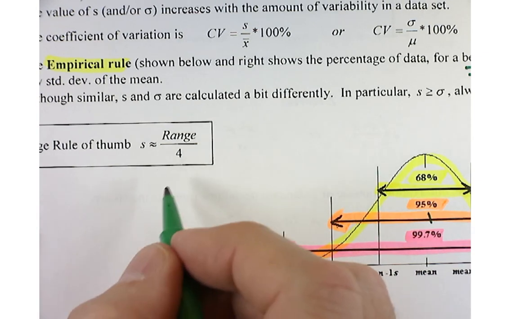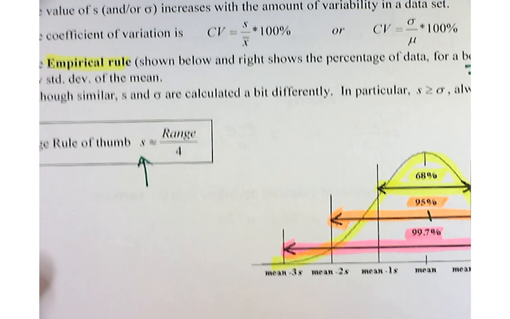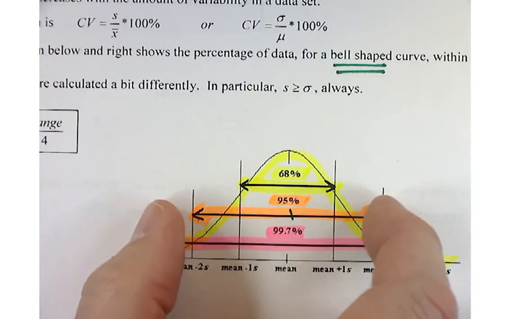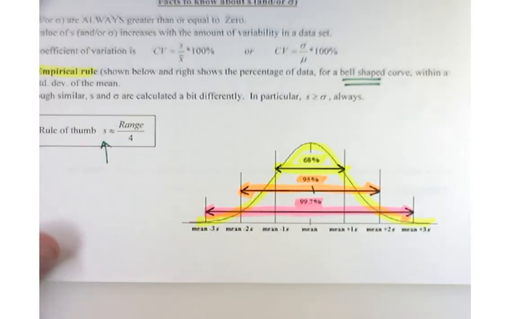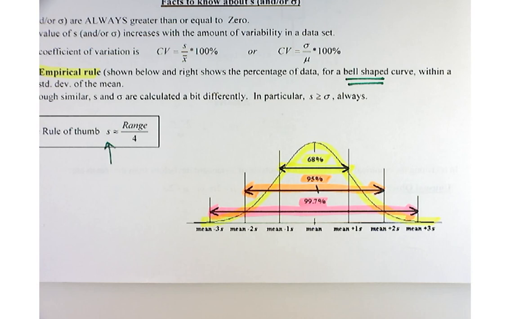And if you wanted to or needed to, you can get an approximation to the standard deviation by taking the range and dividing it by 4. Because that's roughly, for bell-shaped data, what it's going to be. It doesn't always work perfectly. It's going to depend on the data. But a lot of times it's a rough, crude estimate in the absence of anything else of what the standard deviation is.